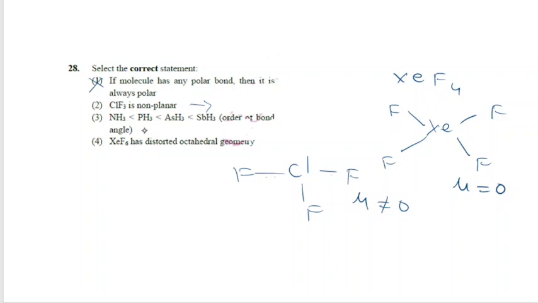And if we consider the bond angle order of hydrides of 5A group elements, all the central atoms have a lone pair of electrons.